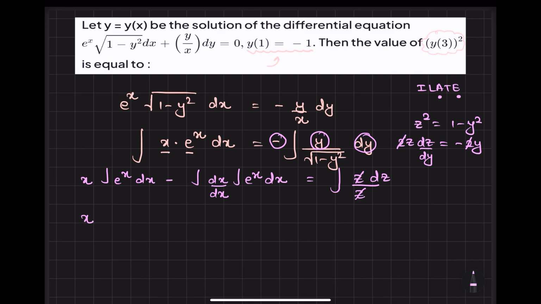So we got x, integration of e power x is e power x, minus differentiation, this thing will become 1. So we have e power x first differentiation, again we have e power x second differentiation. So we got e power x, and then we got z, and then we got integration constant c. I hope things are clear. Now we have been given the question in x and y, but we have introduced z, so we have to replace z.